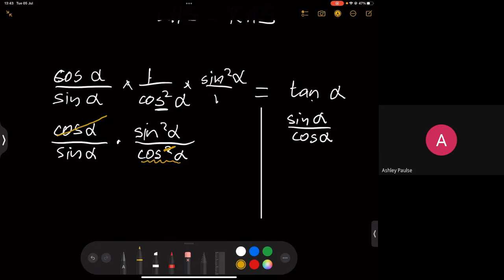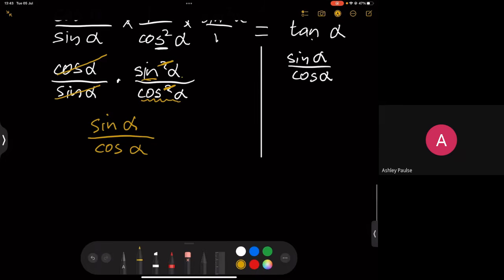Same thing with sine. That sine would cancel one of the squares there. So what do you end up having? You'll end up having sine of alpha, because one of them has been cancelled, so you're left with only one, divided by cos of alpha.